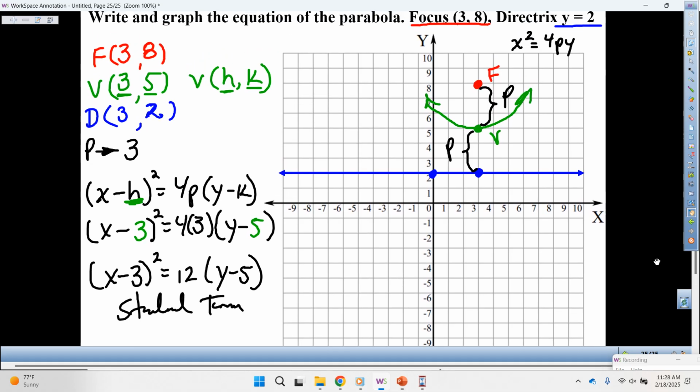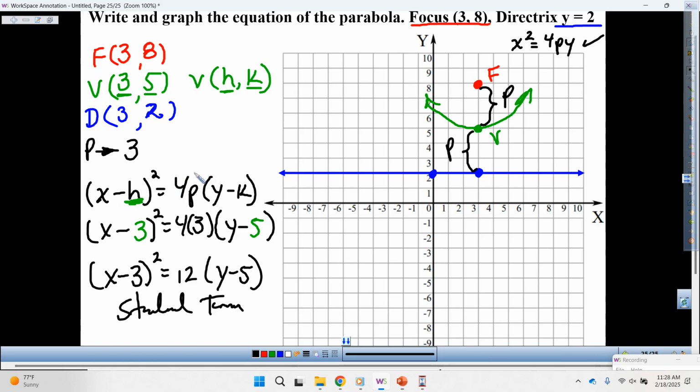And that's exactly how the problem is going to go. Let me go through the process one more time. First things first, what did we do? We looked at the directrix, and the first equation that came to mind was the one that we did last week, which is here, x squared equals 4py. However, since it doesn't say that the parabola is going through 0, 0 anymore, or point of origin, that means we can no longer use this equation.